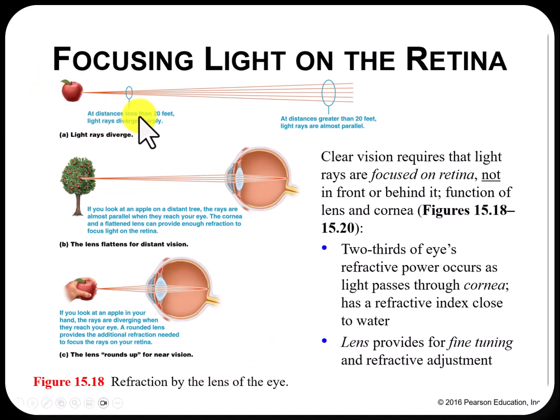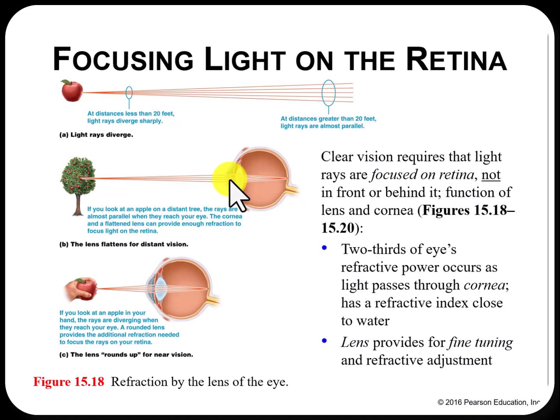At a distance of less than 20 feet, light waves diverge sharply. At distances greater than 20 feet, light rays are almost parallel, so it's finished diverging at that point. If you look at an apple on a distant tree, the rays are almost parallel when they reach your eye because you're looking from far away.